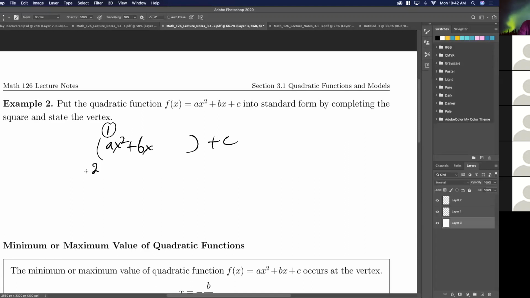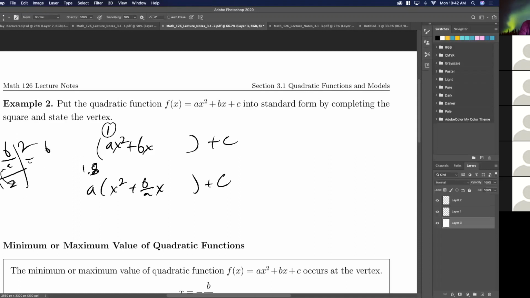My second step, or step 1.5, is pull out the a. So I'll have a times x squared plus b over a x, plus c. And then can I figure out what that is? Yeah, sure. This would be b over a divided by 2, squared. If I simplify this down, the 2 just goes into here.